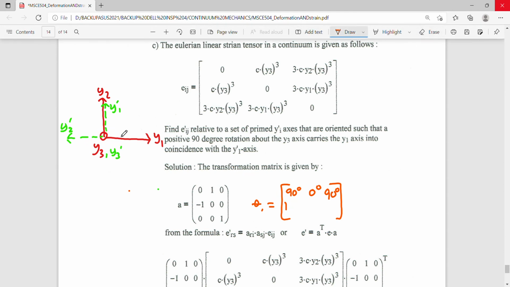I cannot draw the figure because my pen is acting up, so you just follow. I'm really having a hard time writing it. So that's 2 to 1. 2 to 2 is 90, and 2 to 3 is 90 also.